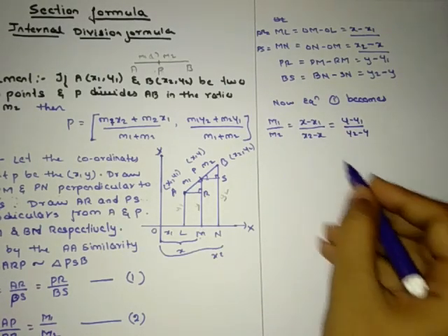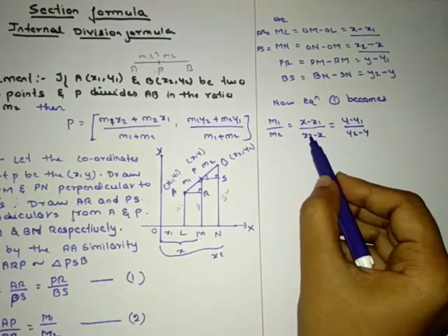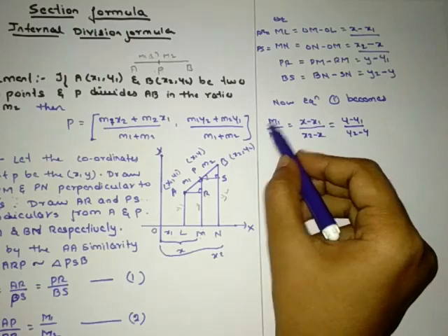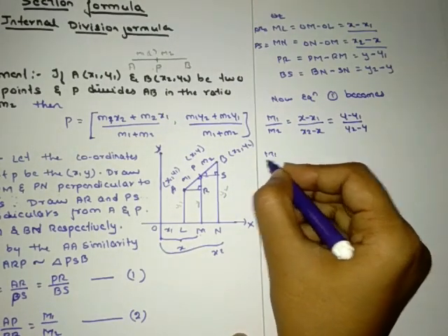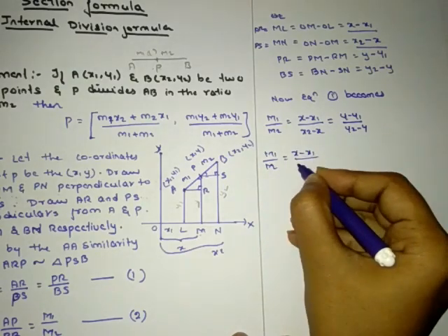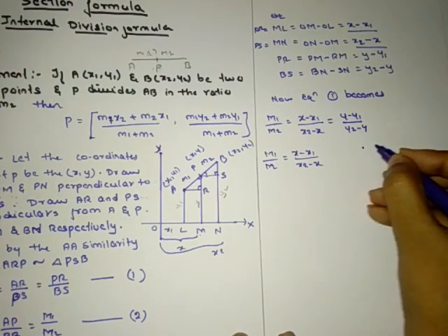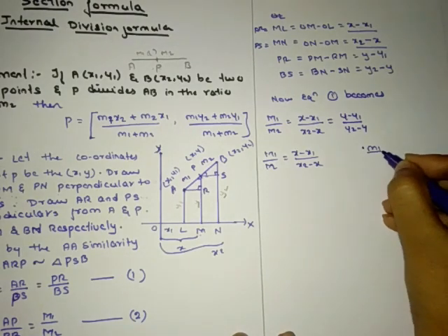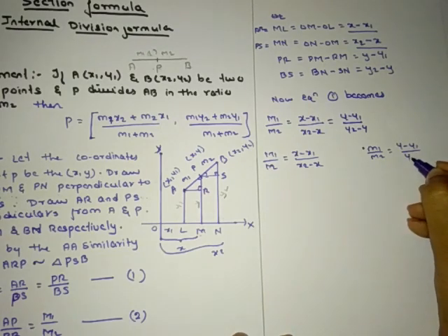Now we'll take a pair of equal ratios, these 2 equal ratios first, and the other ratios we will take later on. m1 divided by m2 is equal to x minus x1 divided by x2 minus x, or we'll write here only, m1 divided by m2 is equal to y minus y1 divided by y2 minus y, isn't it?